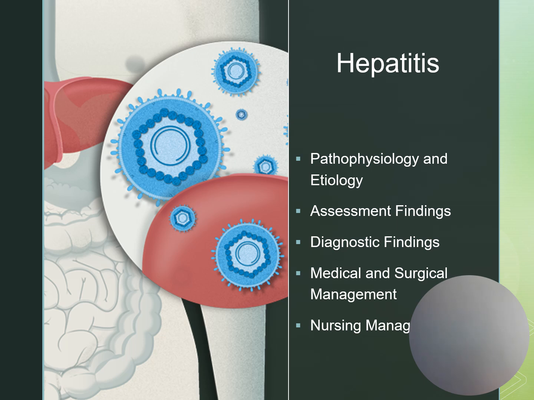They may require liver transplants, and if so, then they will also be on immunosuppressives. So it's really important as nurses to educate on transmission prevention, complication prevention, avoiding alcohol and liver toxic medications.